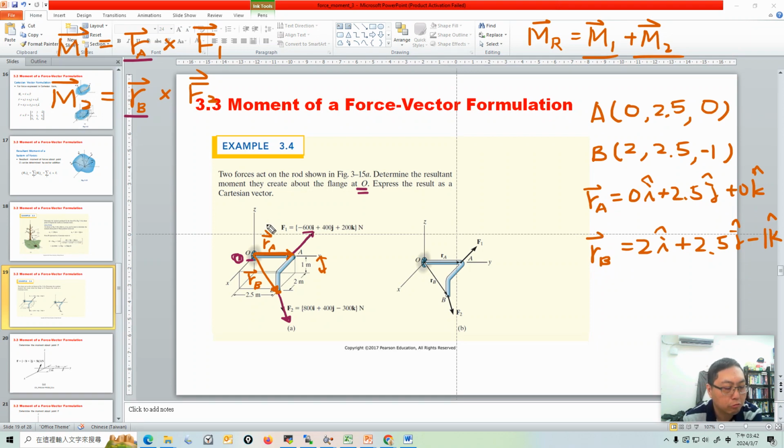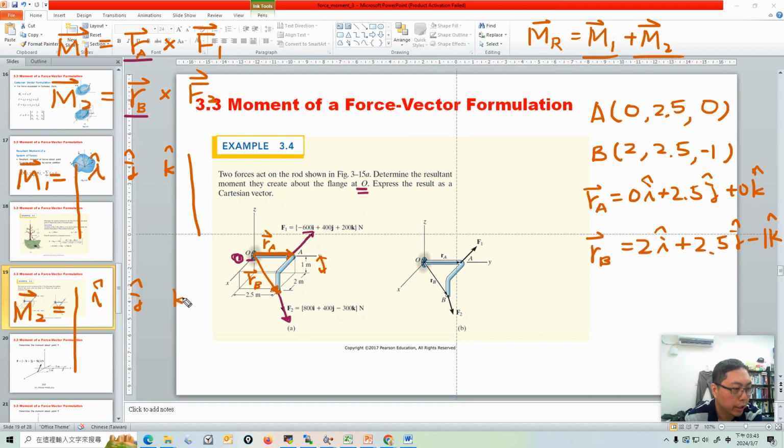So we can calculate moment one and moment two. Don't forget, the moment calculation in 3D space can be written in a very condensed form, a 3 by 3 determinant. The second row is the position vector.